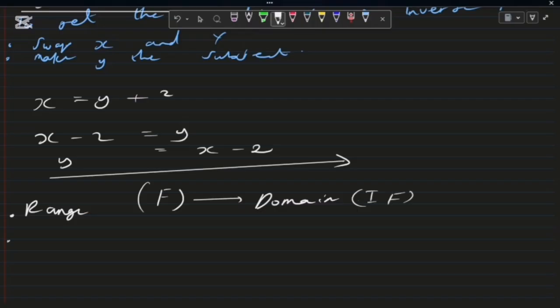And the reverse is true: the domain of the function becomes the range of the inverse function.